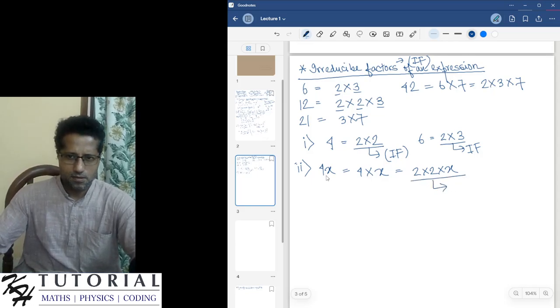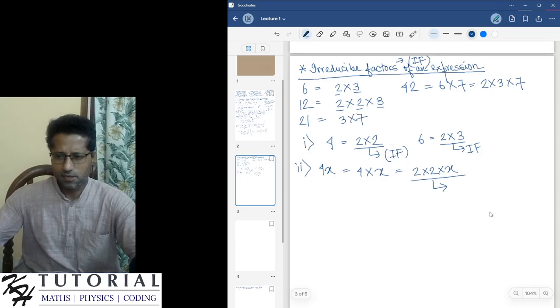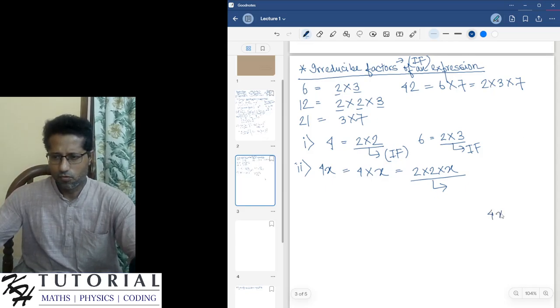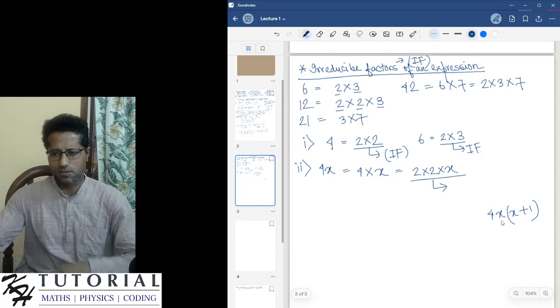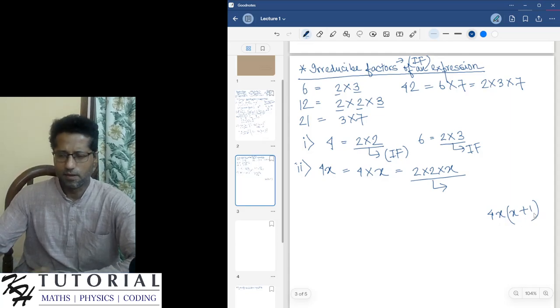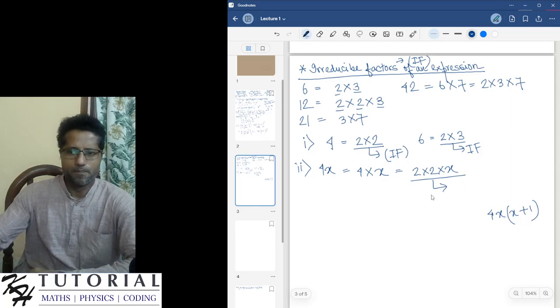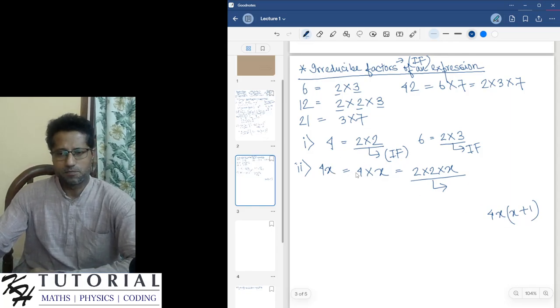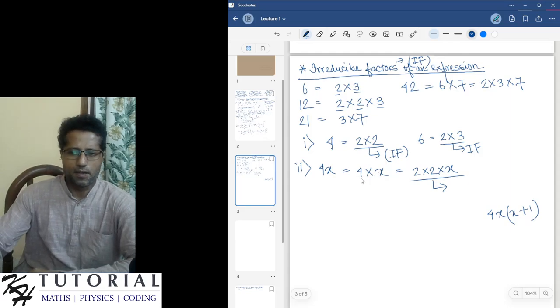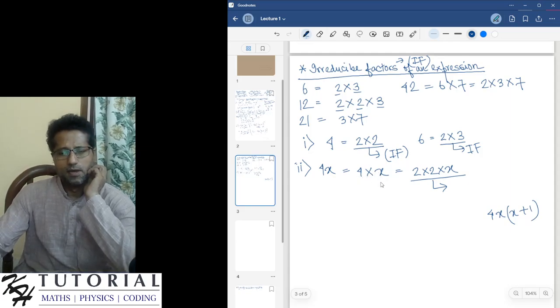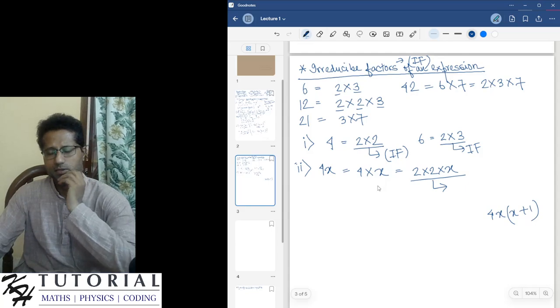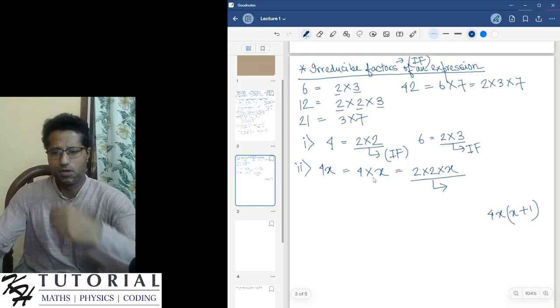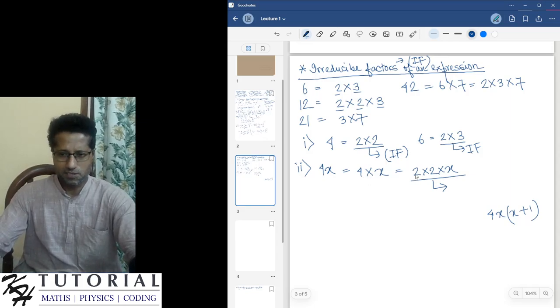The 4x, it is a factor. Let's say we have an expression 4x multiplied by x plus 1. In general we say that 4x is a factor and x plus 1 is a factor. But 4x is not an irreducible factor because 4x can be further expressed as 4 into x, and this also is not an irreducible factor because 4 can be further expressed as 2 into 2.